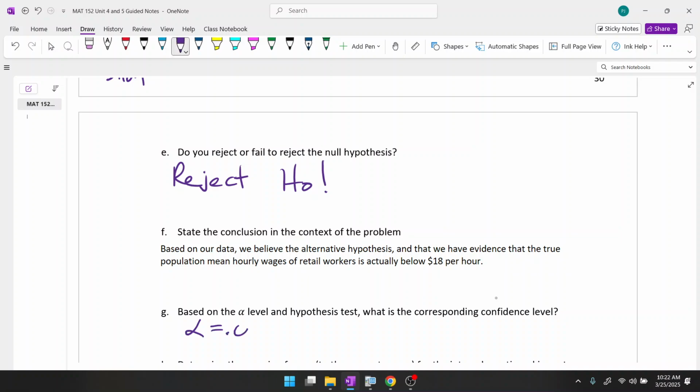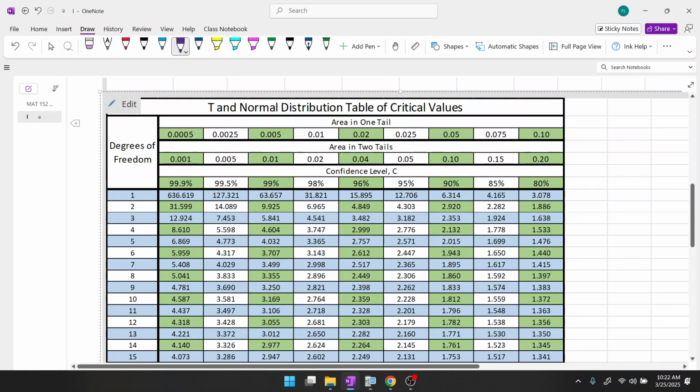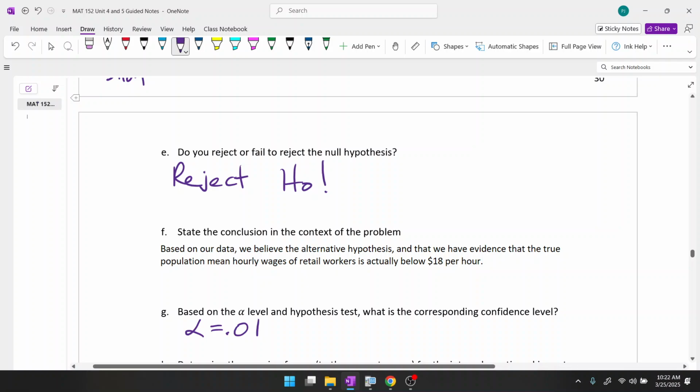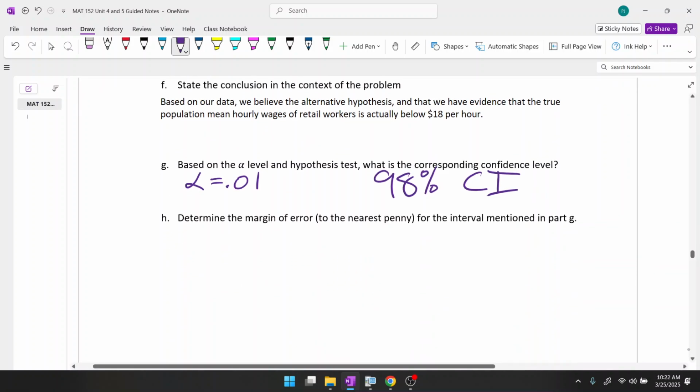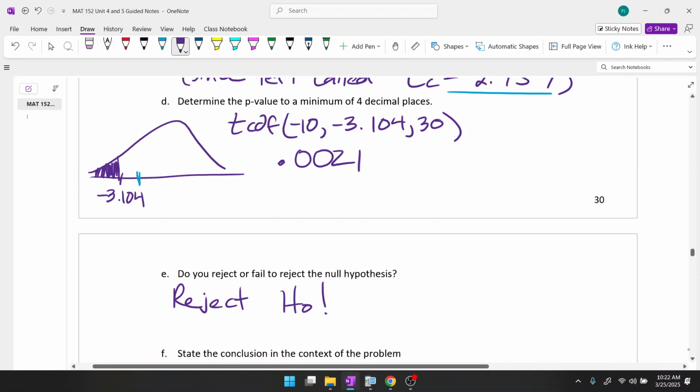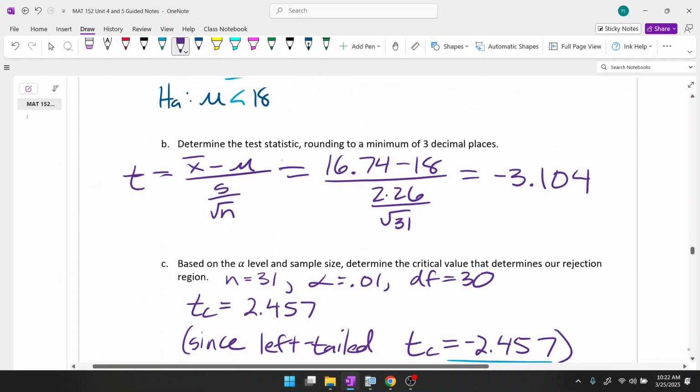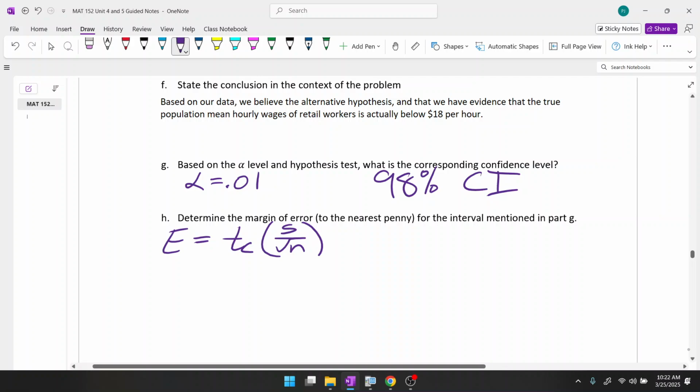Alpha is going to be 0.01, and you wanted the area in one tail, so it's going to be 98% confidence. So basically, the margin of error to the nearest penny, that's 2 decimal places for you and me. Now we get the critical t-value of 2.457. Now you'd want to use the positive version for this.